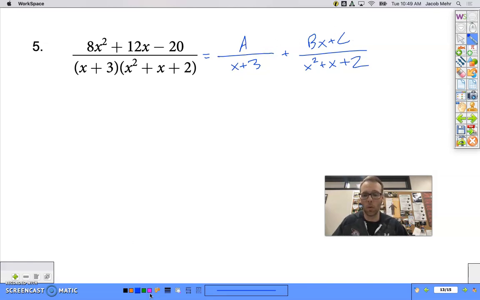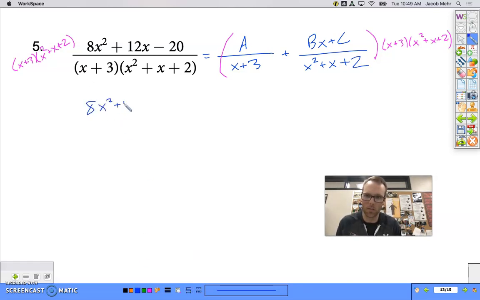Now it's just like before. Let's multiply by the LCD on both sides. Okay, so on the left we have 8x squared plus 12x minus 20.